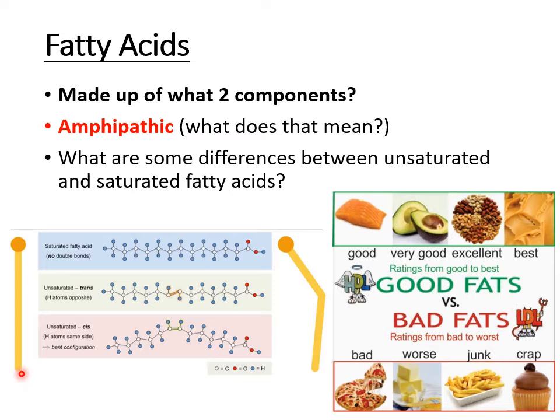First of all, the unsaturated fats in this figure contain at least one double bond. If it has a double bond, it's unsaturated. That double bond can be broken open and then it can become saturated, but while there's a double bond, that is what makes it unsaturated.